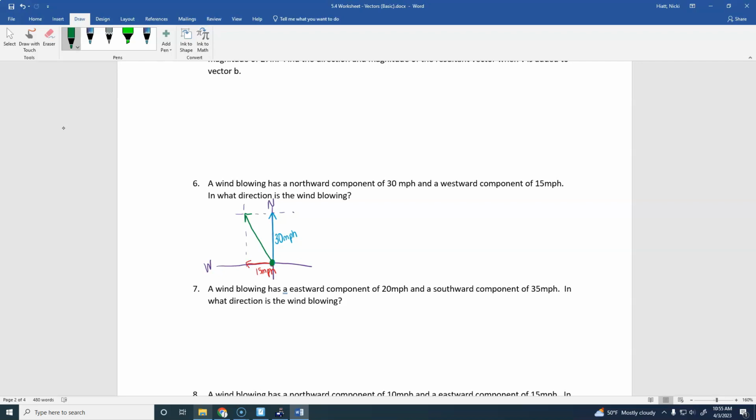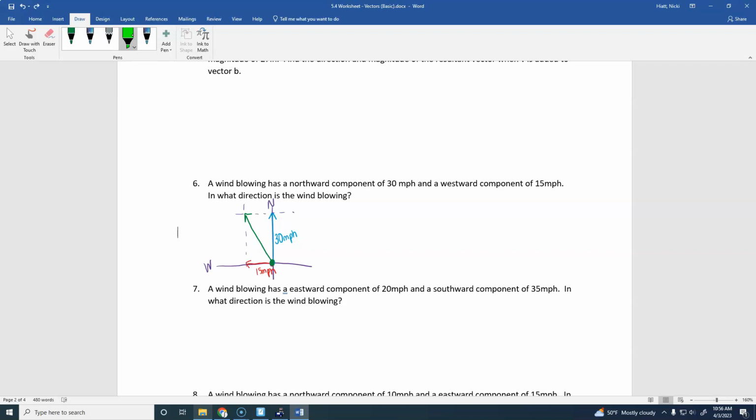Okay, you do not want to draw the vector right here. You'll get the same magnitude, the same speed, but you'll get the wrong direction, because it doesn't intersect at the origin here. So don't draw it that way.